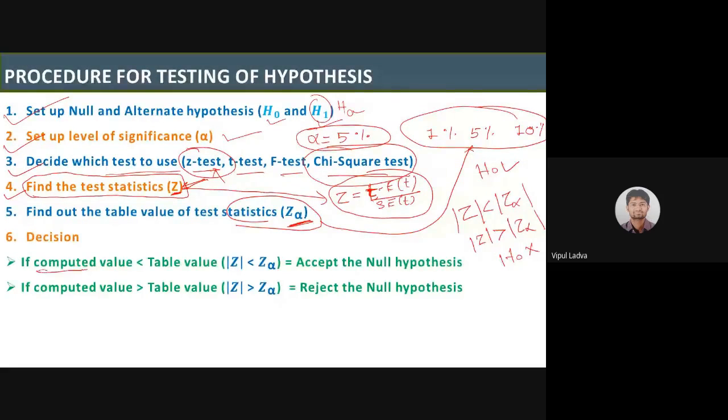If the computed value is less than the table value, that means Z is less than Z alpha, then we need to accept the null hypothesis. And in the other case, we need to reject the null hypothesis. So this is the process we are supposed to follow throughout any of the tests.